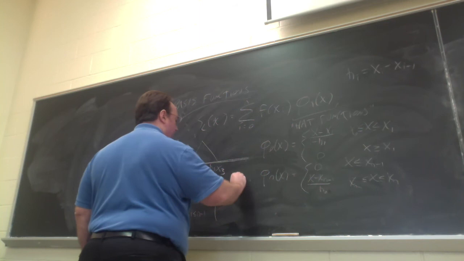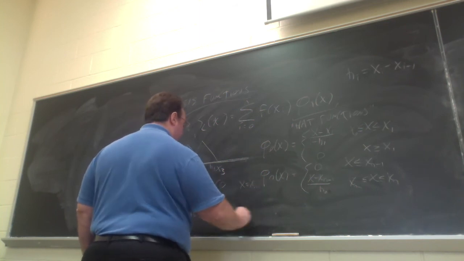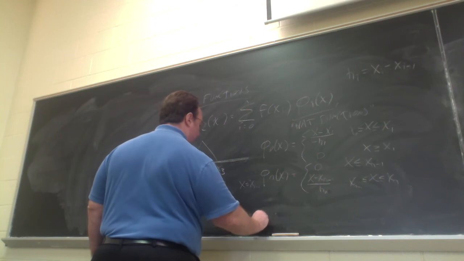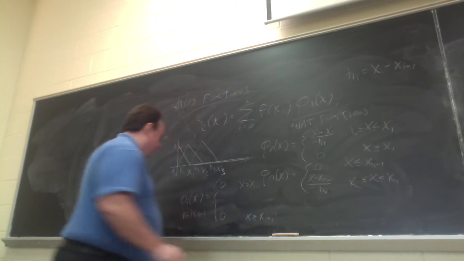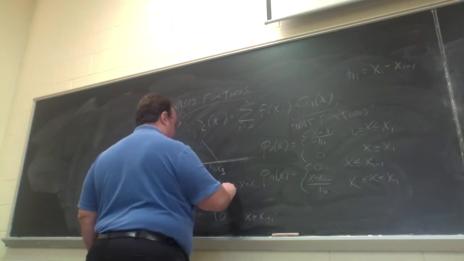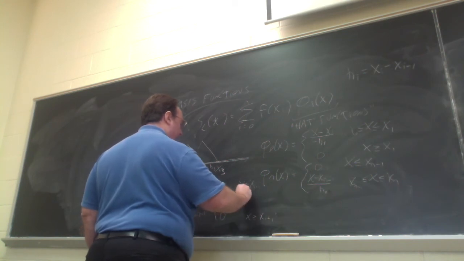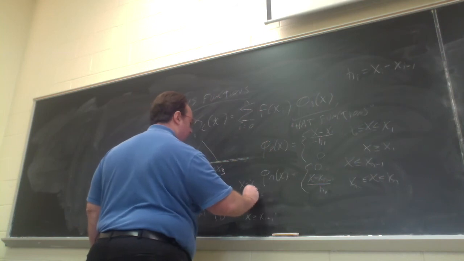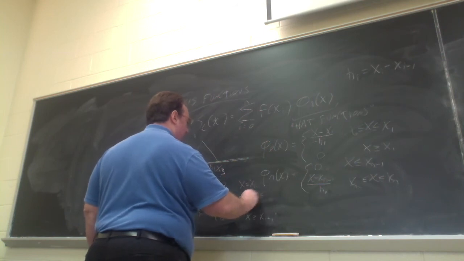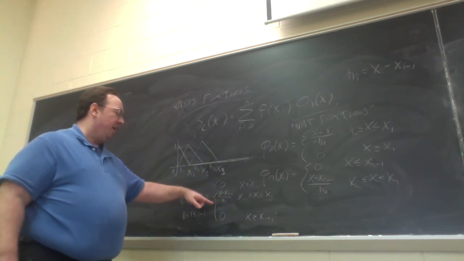So 0 up to x i minus 1. It's also equal to 0 after x i plus 1. And then in between we have, starting from, okay, so between x i minus 1 and x i, it has a slope of 1 over h i to get up to 1.